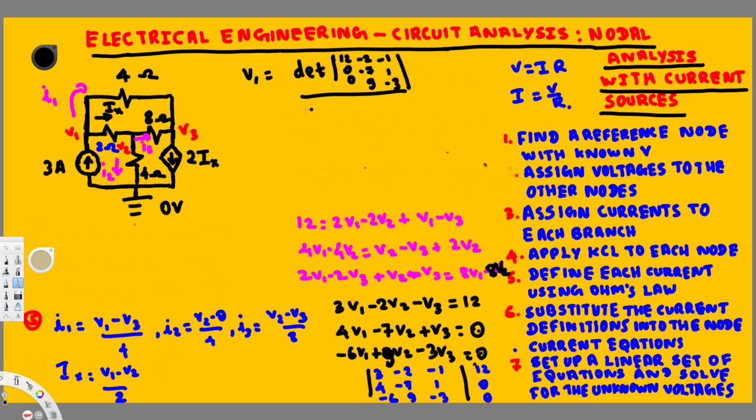And in the bottom you have to divide this by the original determinant, that is 3, 4, minus 6, minus 2, minus 7, 9, minus 1, 1, minus 3, right? Here, if you don't remember how to find a determinant, what we do is put plus, minus, plus, right? Plus, minus, plus.